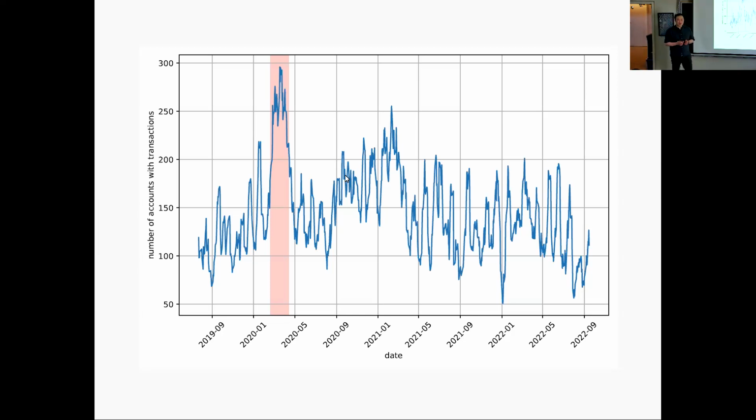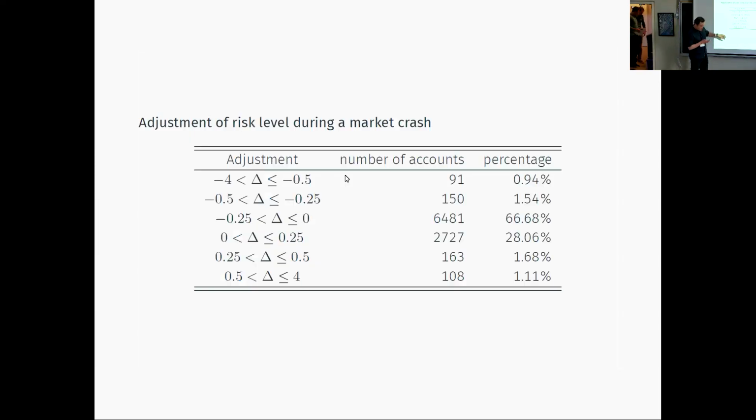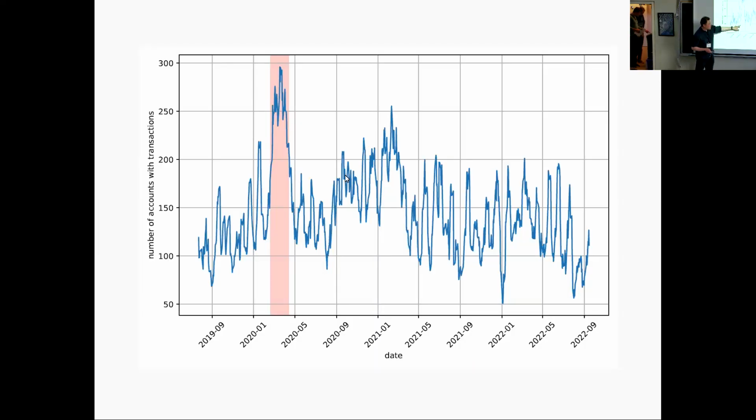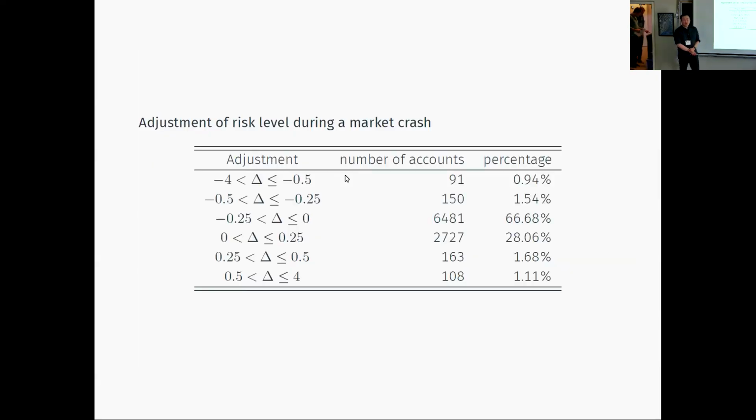I'm not sure. Can you repeat your question? So for example, the period of very heavy trading, you have the delta for that period. Oh, this delta is only from here to here, it's not from here to here. And that was not a very high change of risk.